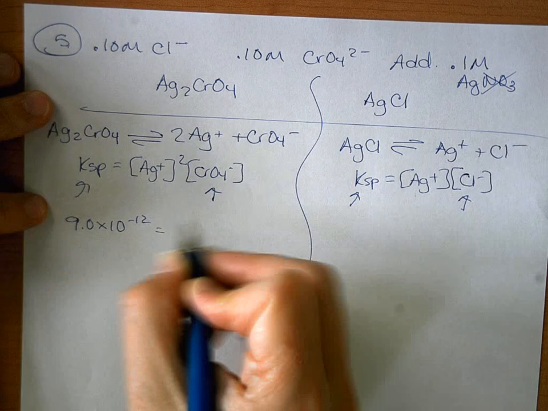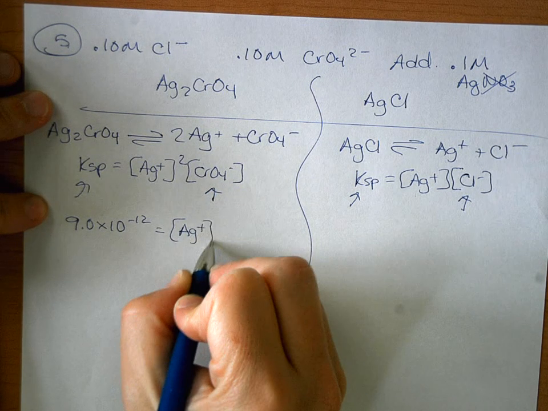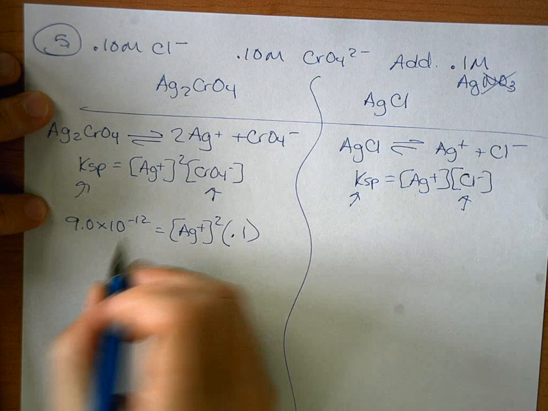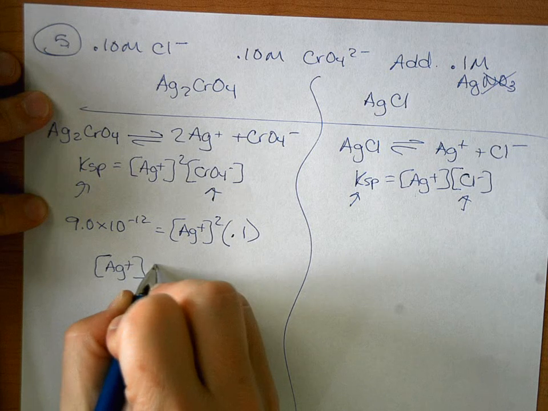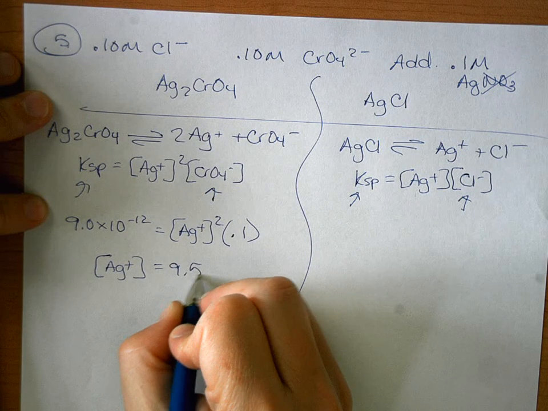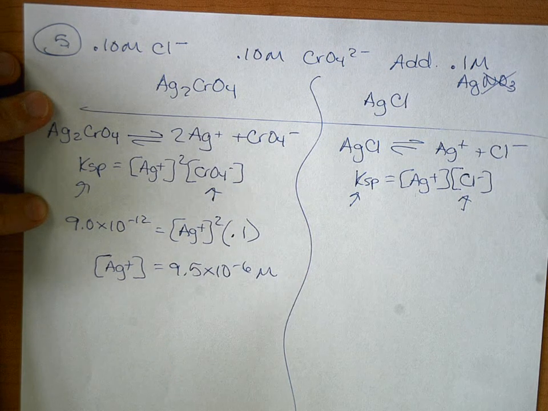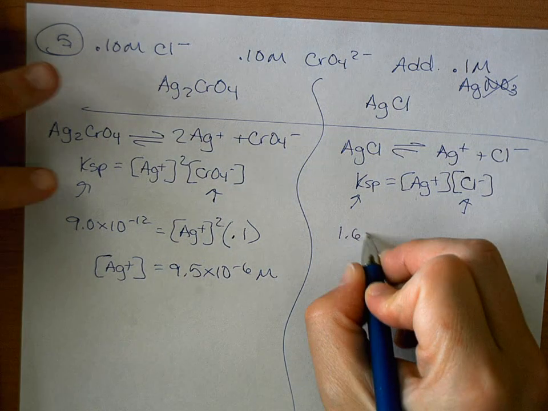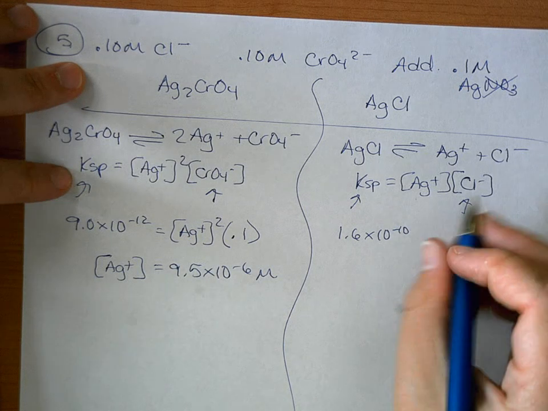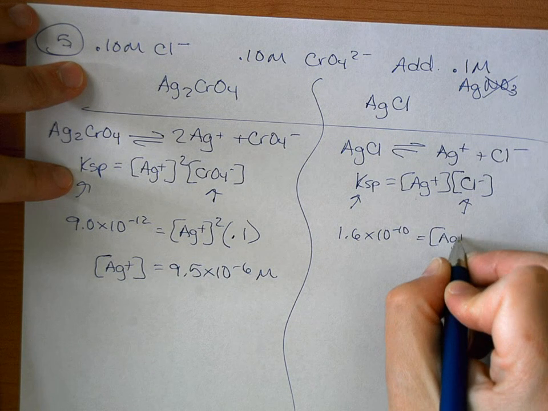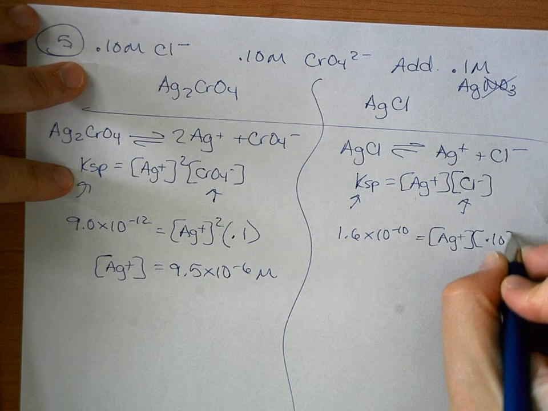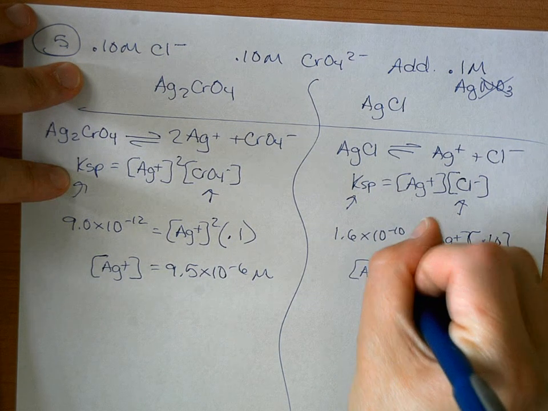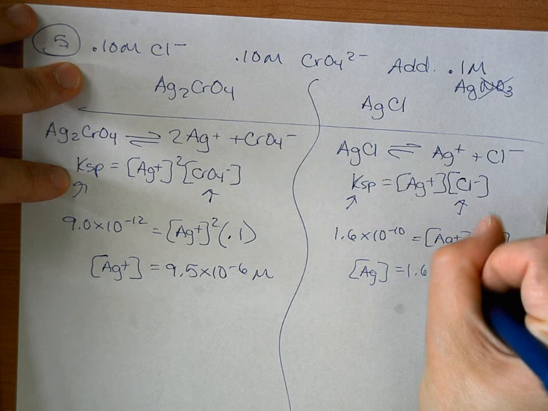That equals my silver ion concentration squared times 0.1. Solving for silver ion concentration gives me 9.5 times 10 to the negative 6. Okay, do the same thing over here, plugging in all my numbers. My Ksp is 1.6 times 10 to the negative 10 equals my silver concentration multiplied by 0.10. My concentration of silver over here is 1.6 times 10 to the negative 9 molar.